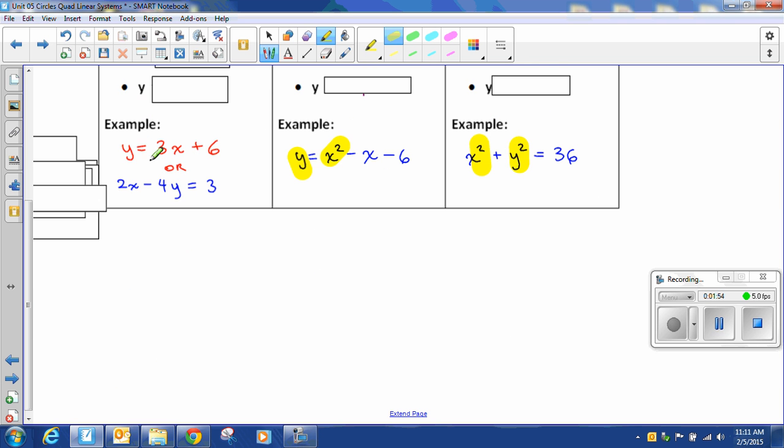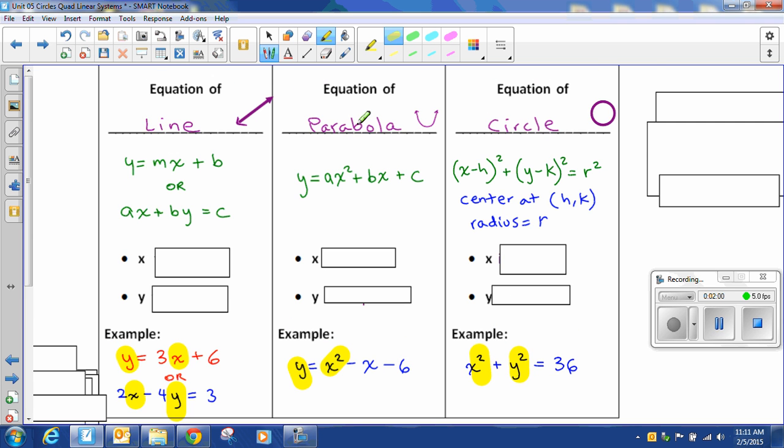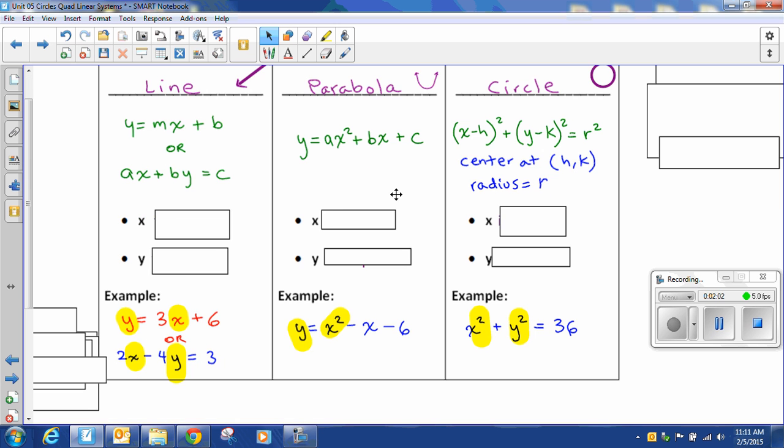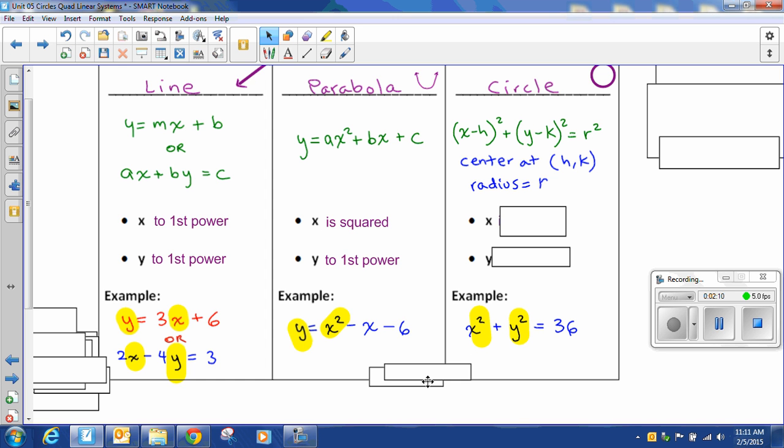And linear, both the x and the y are first power, first degree. So the way we tell the difference, x is to the first power, y is to the first power for linear. X is squared and y is to the first power for parabolas. And for circles, x is squared and y is squared.